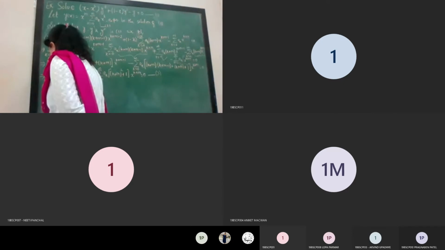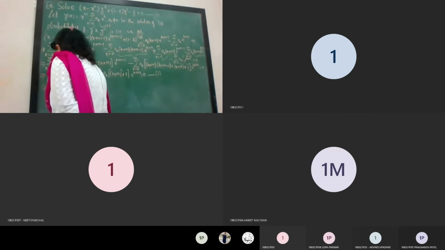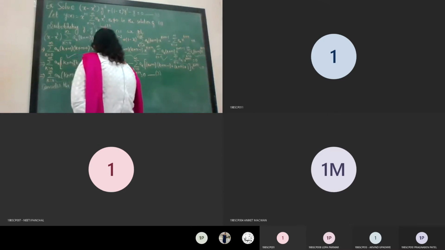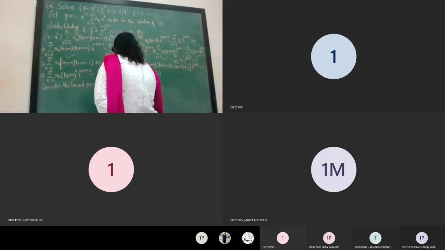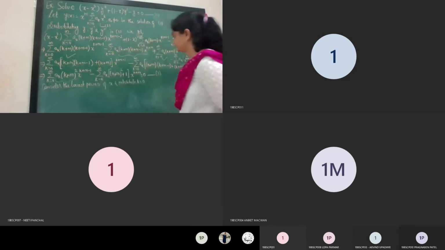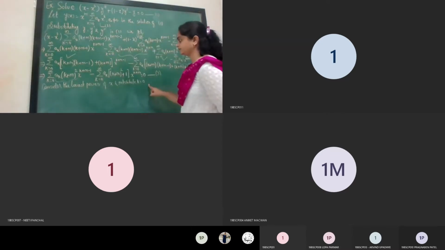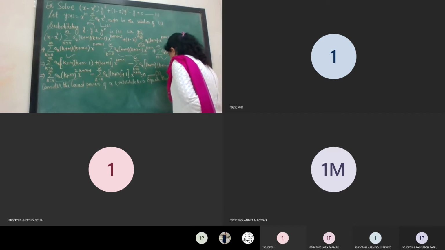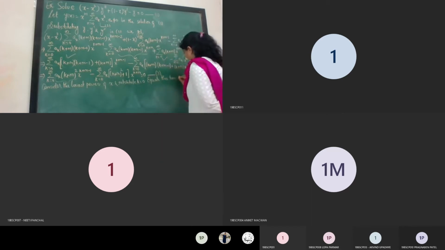Consider the lowest powers of x and substitute k is equal to 0. Equate this term to 0.